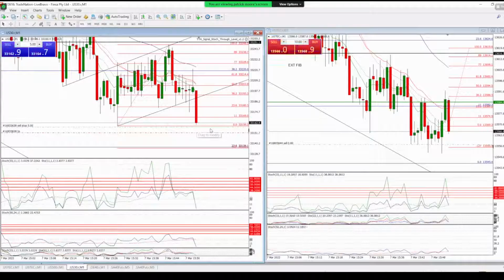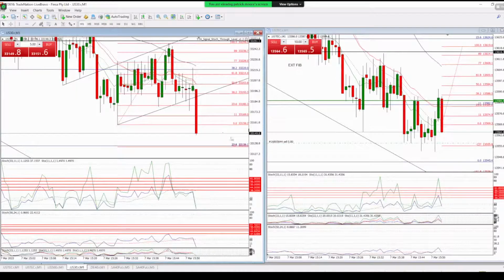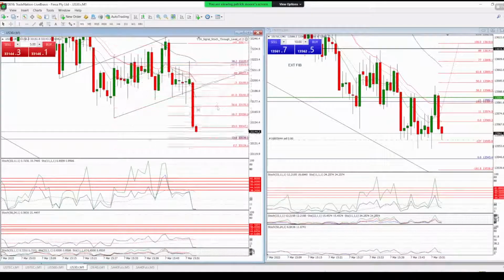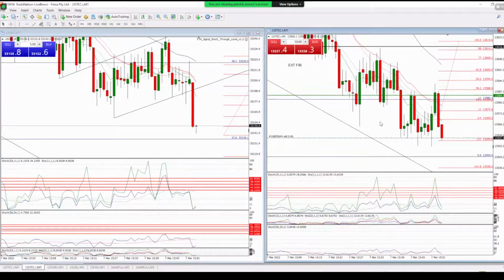Possible double bottom. Just taking the sell at a TP. And we'll wait for just now to build a new extension fib.